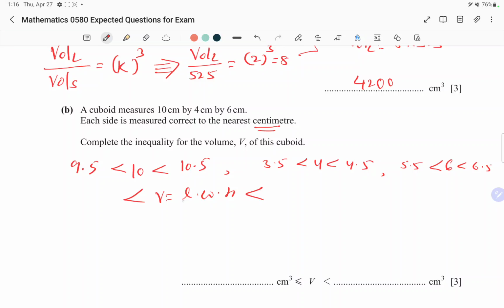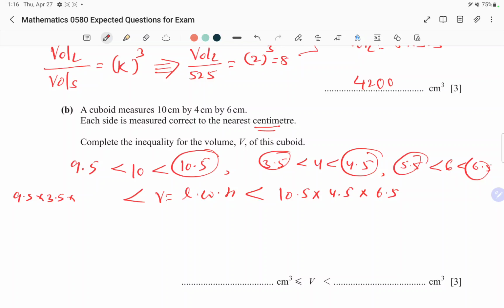In this case, for finding the upper bound, we will take the upper bound of these lengths, which is 10.5 times 4.5 times 6.5, and the lower bound should be 9.5 times 3.5 times 5.5, which is 182.8752. Now just multiply them.